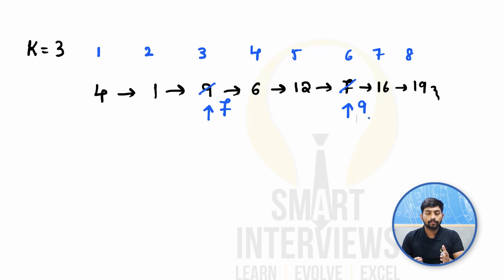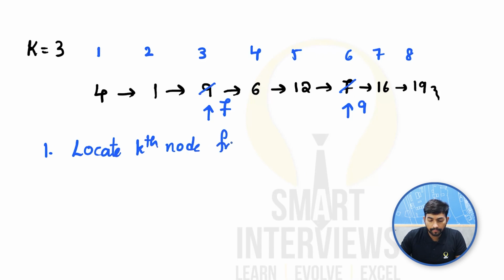So this is what the question is. How do we solve this? The simple approach is, first, we'll have to locate the kth node from the beginning.